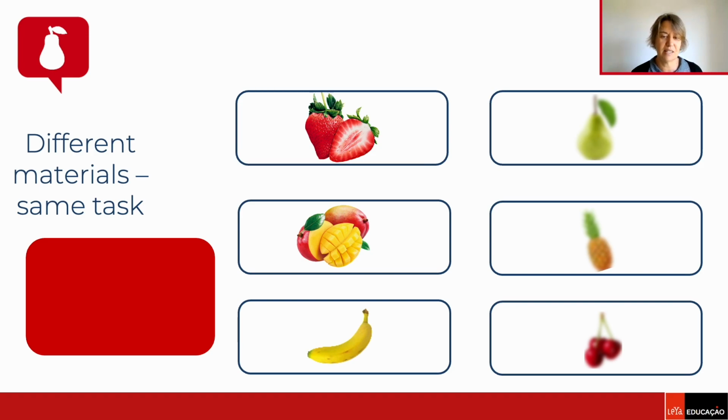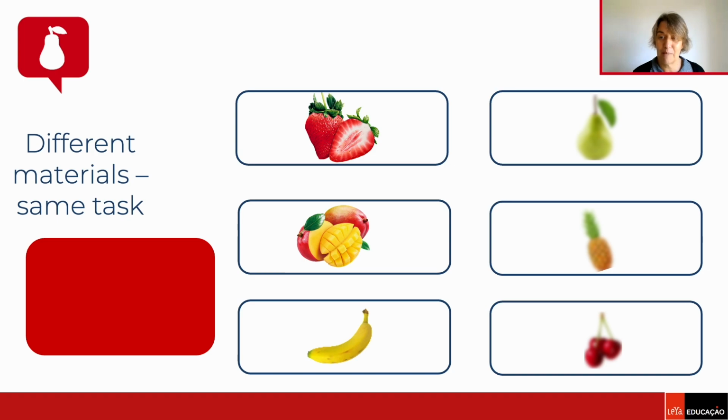So I could use this card here to cover up the image so that they don't see it. You could get them to match the word to the picture. You could get them to match a sentence to the picture, a description. But here you can see that everyone is getting slightly different materials, but they're doing the same task, which is a matching task.